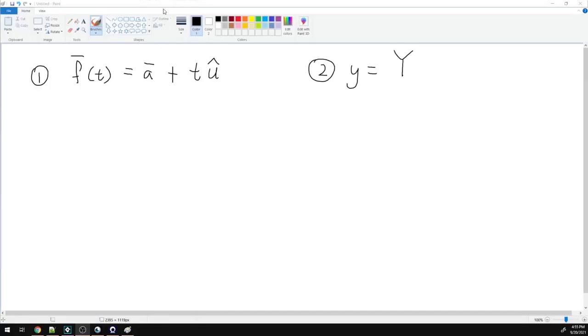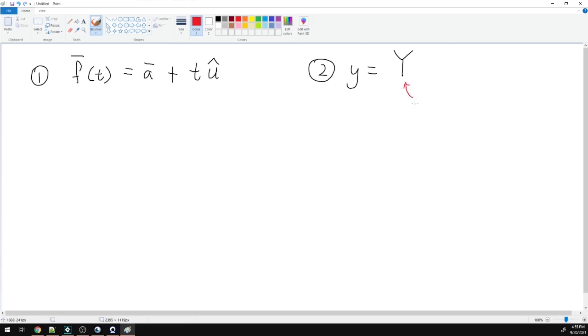Okay, so we have here the 2 equations, right? This is the diagonal line. This is the horizontal line, representing the y position of the spaceship. So this y here is given.